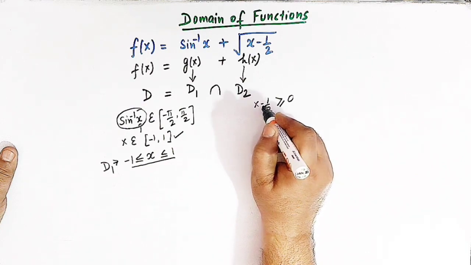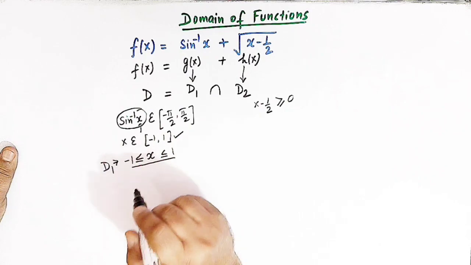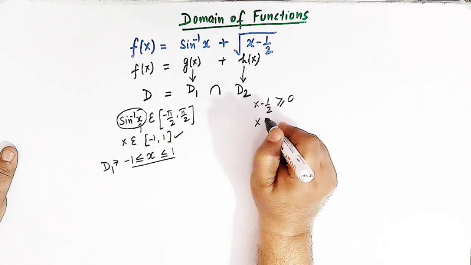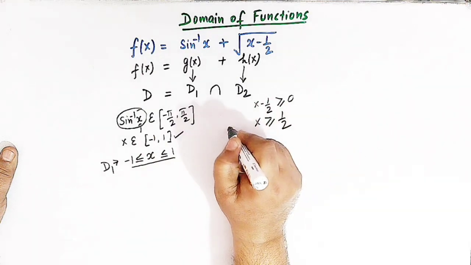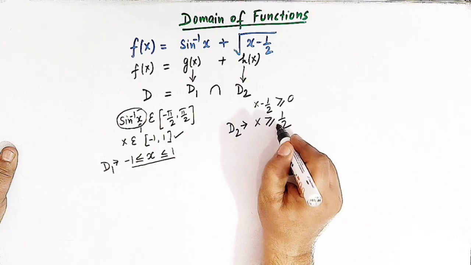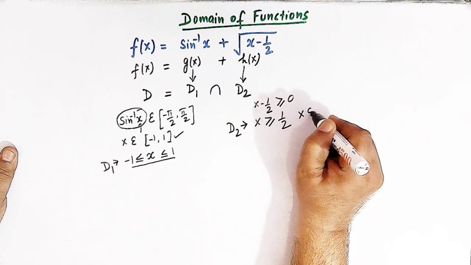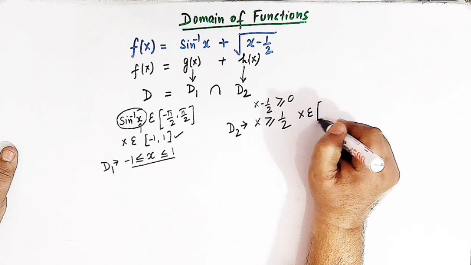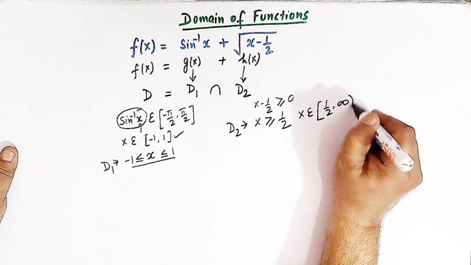So we can take x greater than or equal to half. So D2 is given by this inequality, which can also be expressed like this: x belongs to the interval from half to infinity.